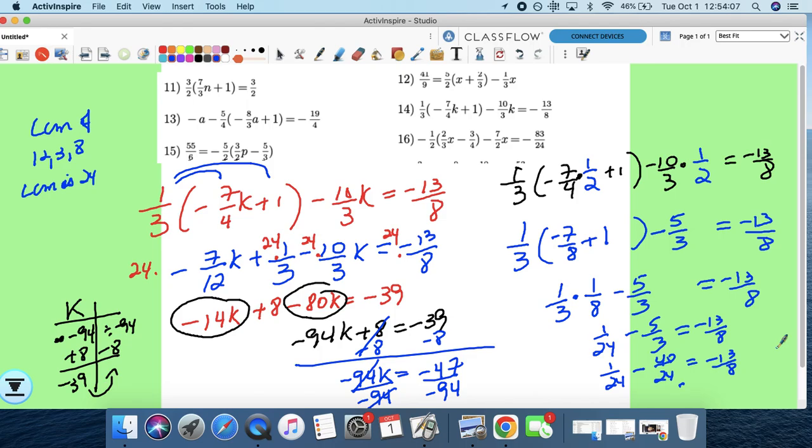Give me a second. 1/3, 7 over 8 times 1 over 2 plus 1, close parentheses, minus 10 divided by 3. Did I do that part? Times a half. And equals, oops.